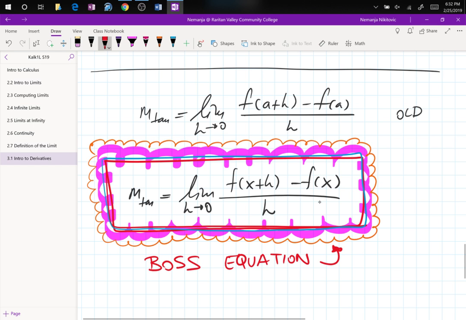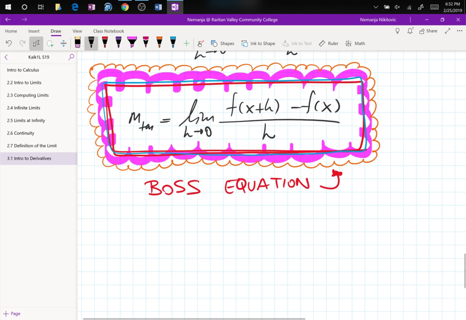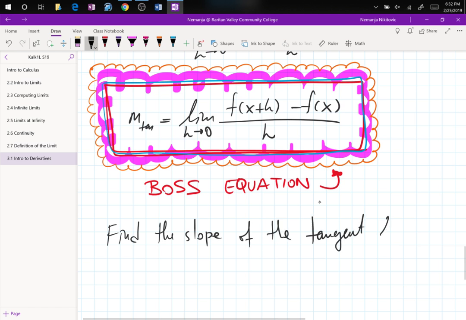What does it calculate? Let's check. Go back to our problem. Find the slope of the tangent line at x equals 3 for f of x equals x squared minus 2.